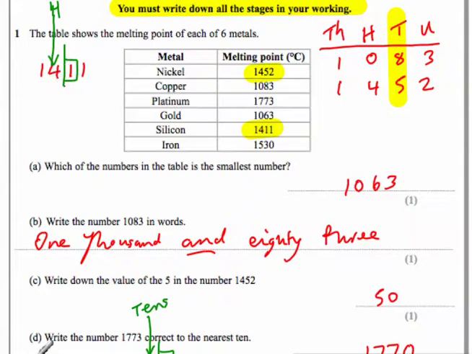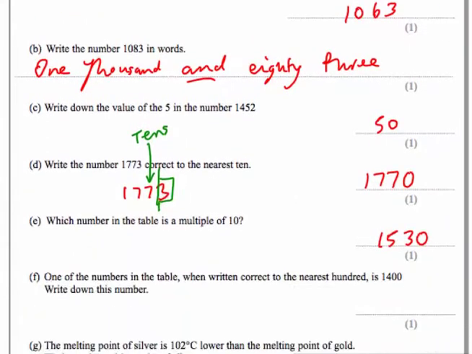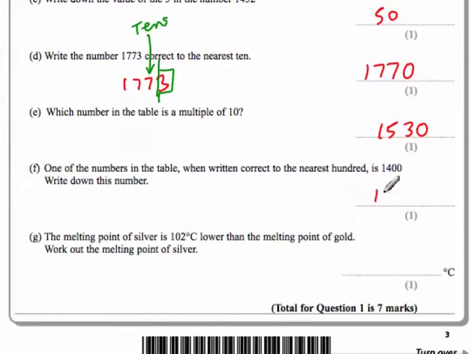So the 4 will stay as it is. So we'll end up with 1, 4, and then 0, 0. And that has rounded to 1400. So in other words, this one is the one we're after, isn't it? So that's 1411 goes in there.